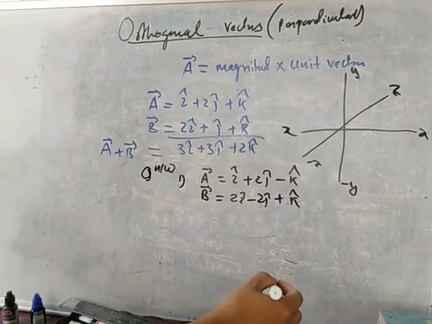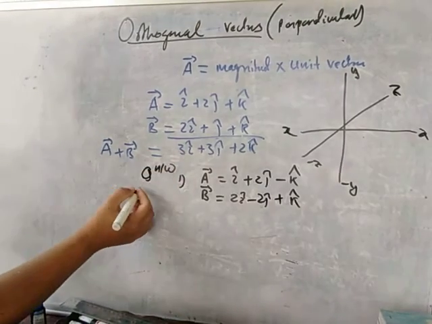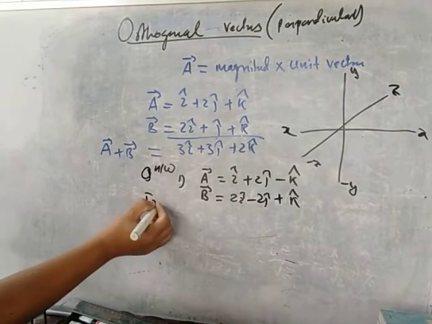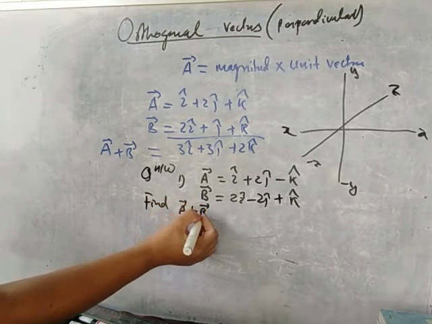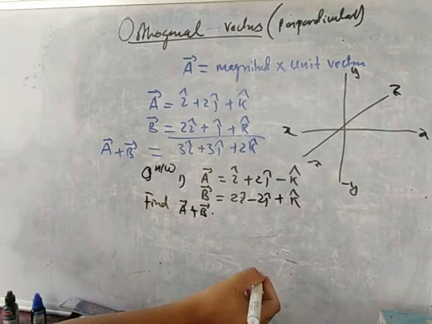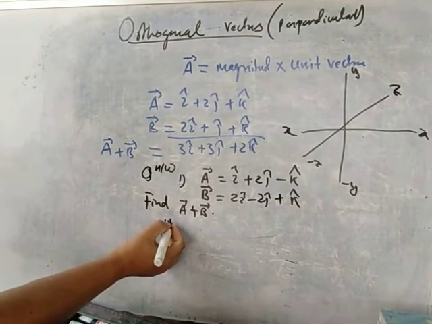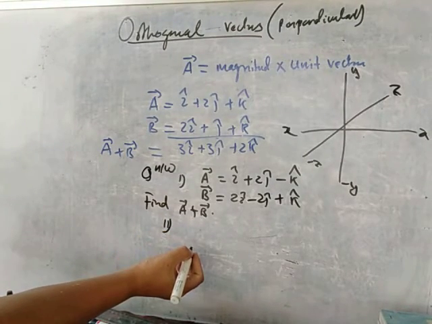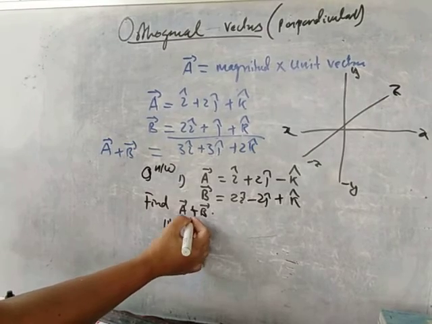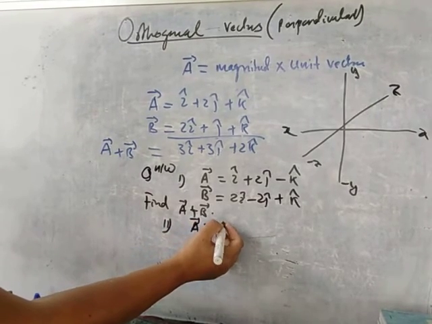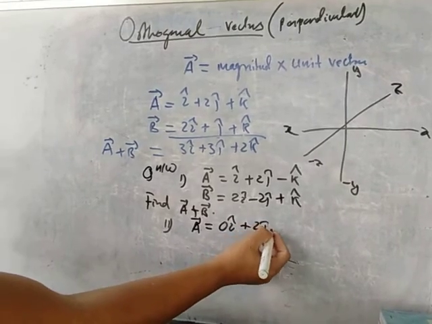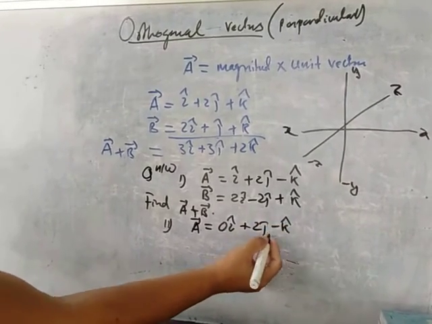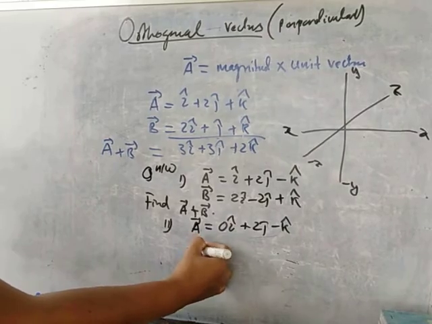Add this to find sum, find a plus b. बिस्तारै गरौँ. Second question, write down: vector a equals to 0I cap plus 2j cap minus k cap.